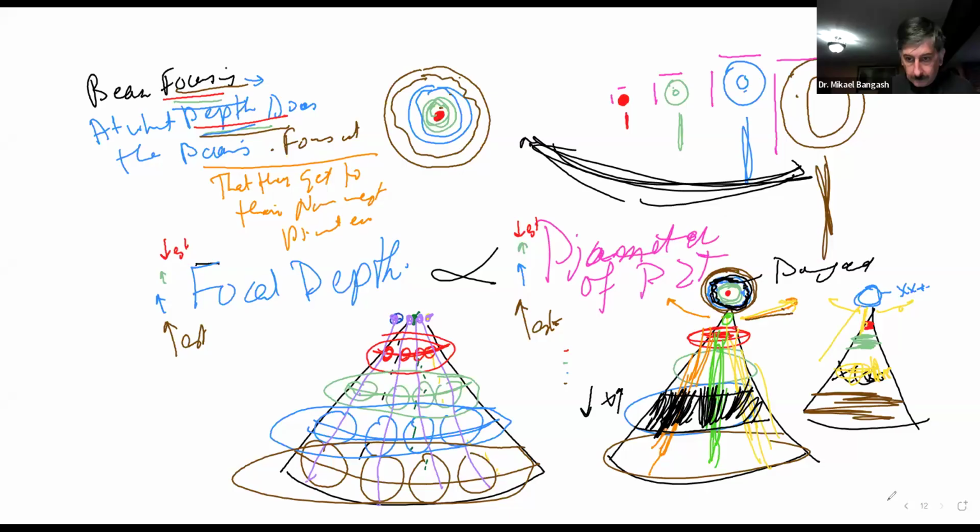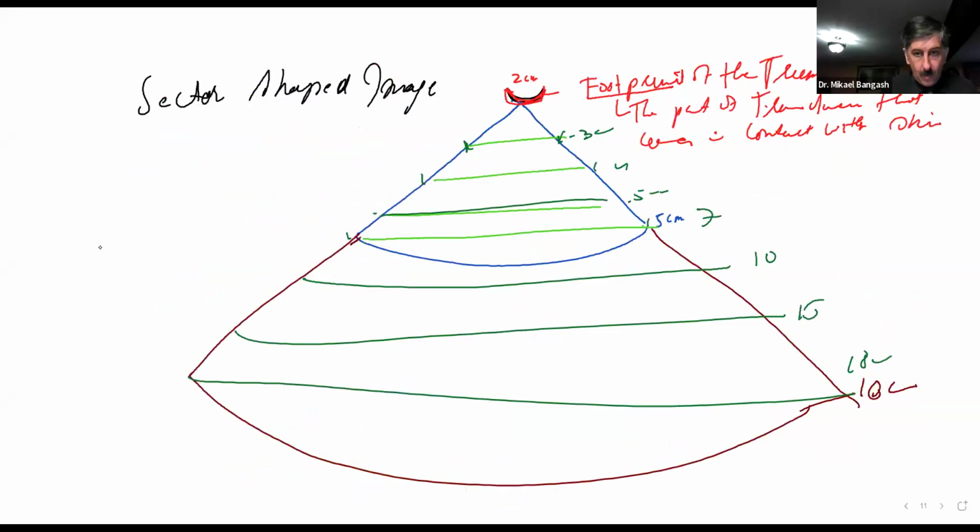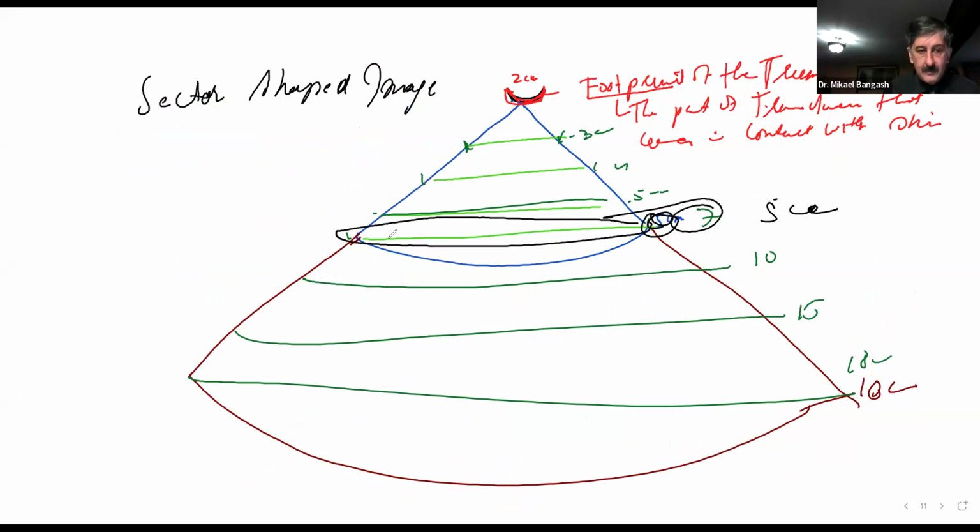Or as we said, guys, please, if we say that we focus at 5 centimeters, for instance, that's going to be as we focus at a depth of 5 centimeters here, here, here, all across.